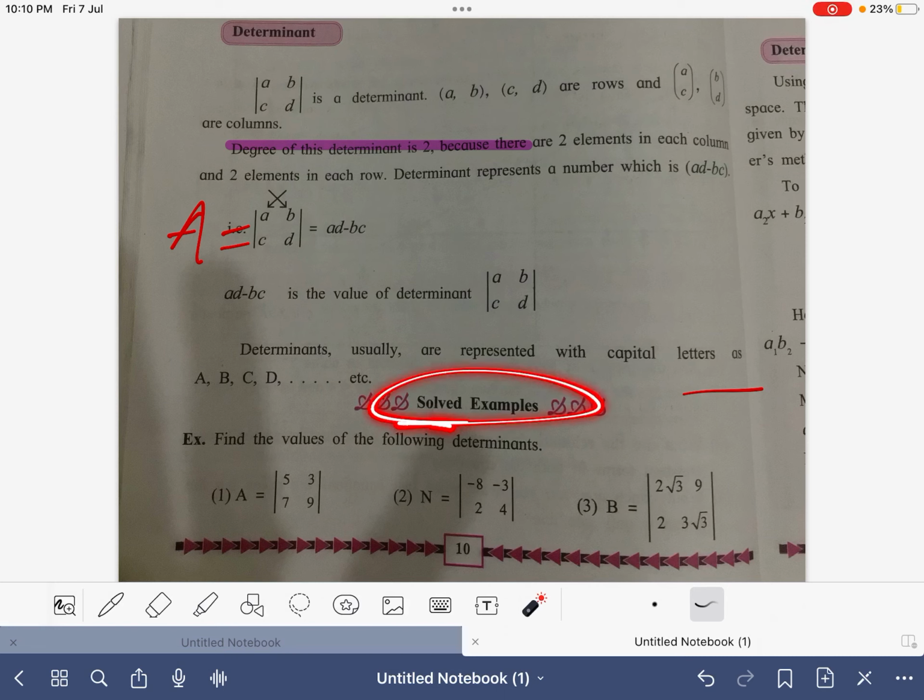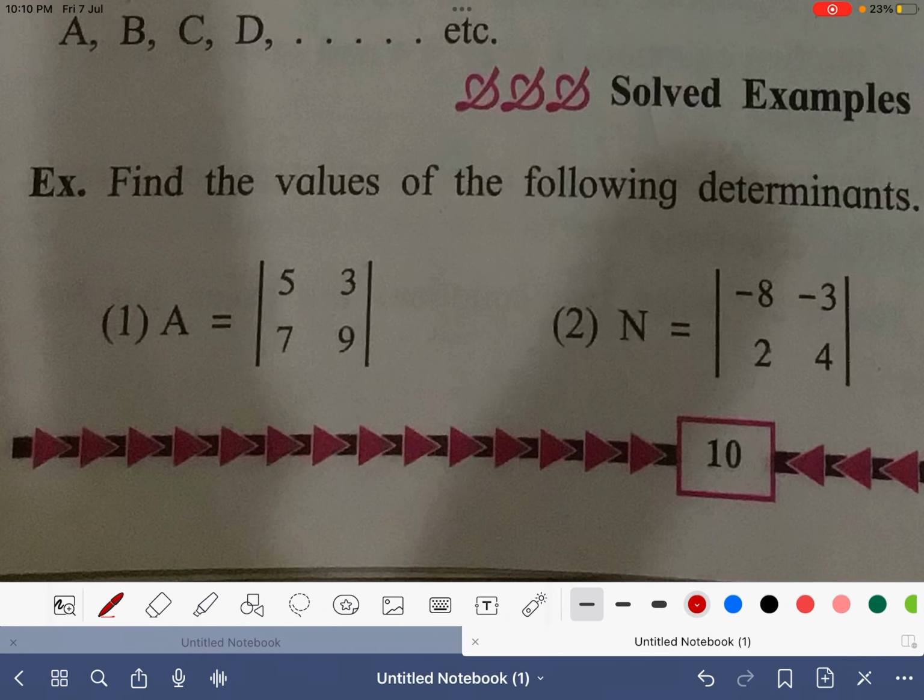These are the solved examples given to you, and we have to find the value of the following determinants. So A is equal to, N is equal to, and B is equal to. Clear? So for that, what we have to do is simple multiplication. So if you want to solve this determinant, this is our question.